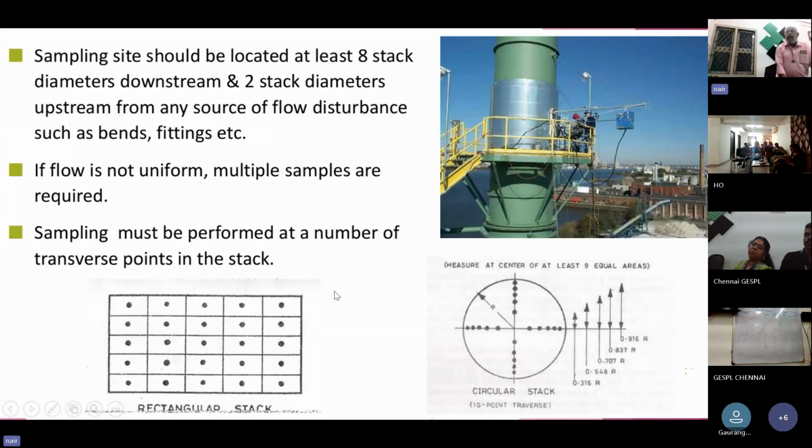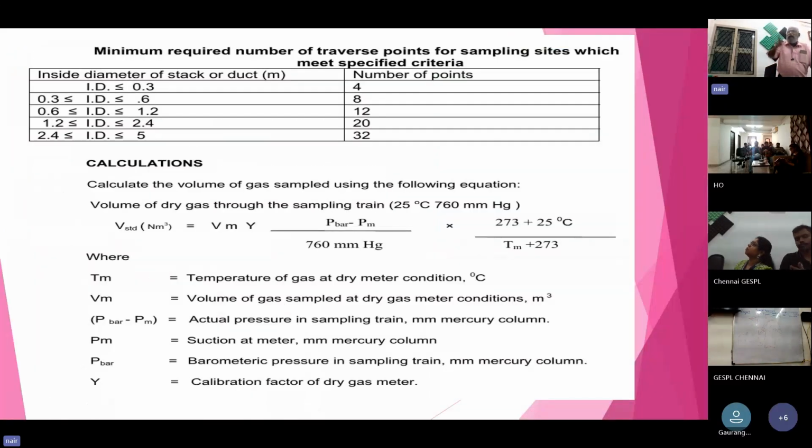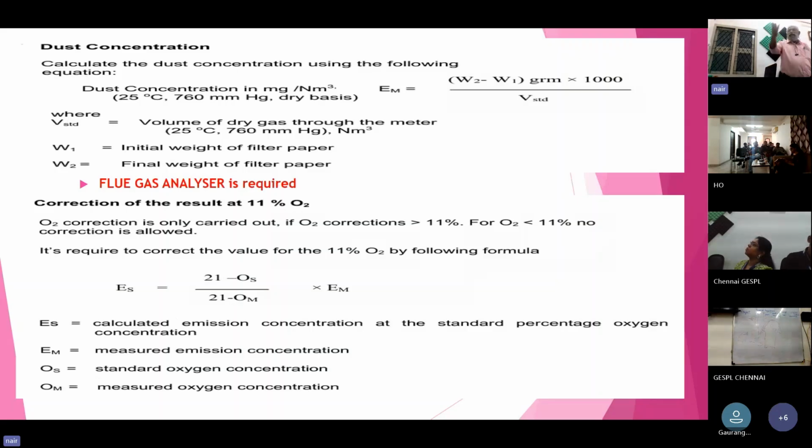Then only can stack emission be determined. How many traverse points you have to take is given, and the minimum number of traverse points calculation is given. A flue gas analyzer is also required, because you have to take the oxygen concentration from the atmosphere.